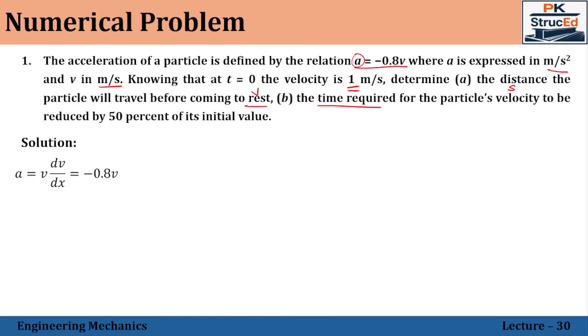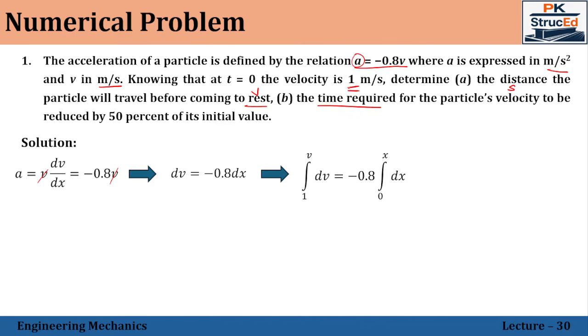Therefore we can have a is equal to v into dv by dx, or ds, which is equal to minus 0.8 v. The v can be cancelled on both sides. Therefore dv will be equal to minus 0.8 dx. Now integrating on both sides, the velocity is taken from the initial to the final velocity.